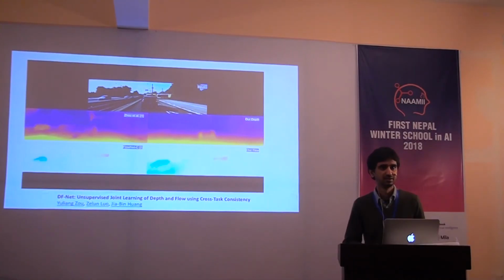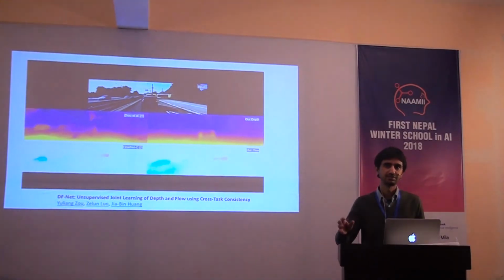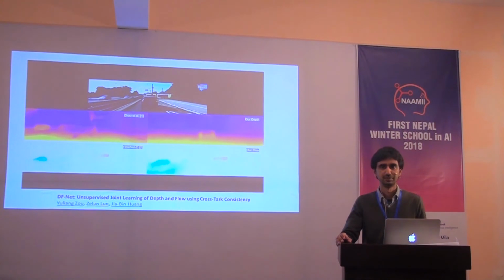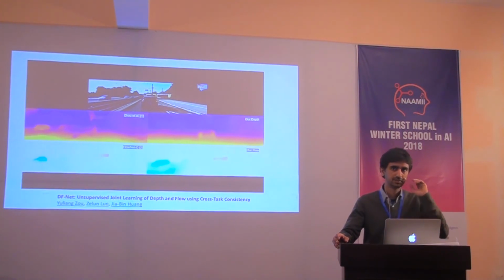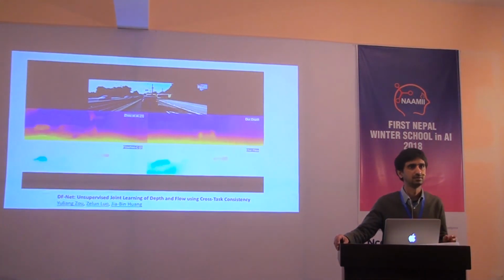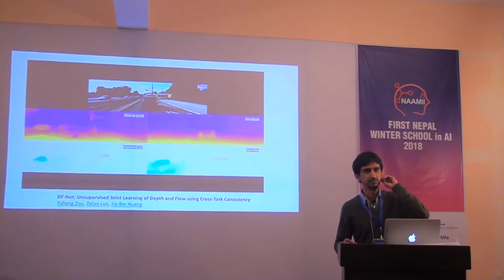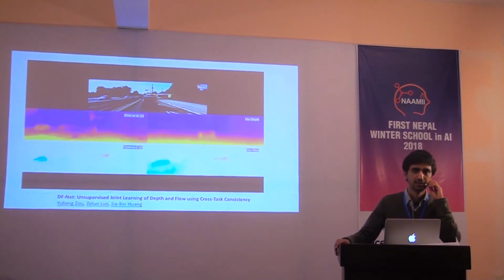To talk a bit more about 3D vision. Like I said before, when I was answering the question, a lot of things in 3D vision are still conventional, using pre-deep learning approaches.